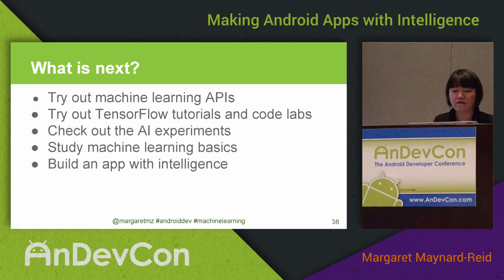It's actually for everyone, for all developers or for non-developers. Everyone should learn about machine learning and artificial intelligence. So I encourage you to try out the machine learning APIs, try out TensorFlow, and I've included the various code labs here, and try out that AI Experiments site I showed you earlier, and study some machine learning basics, and build an app with intelligence.